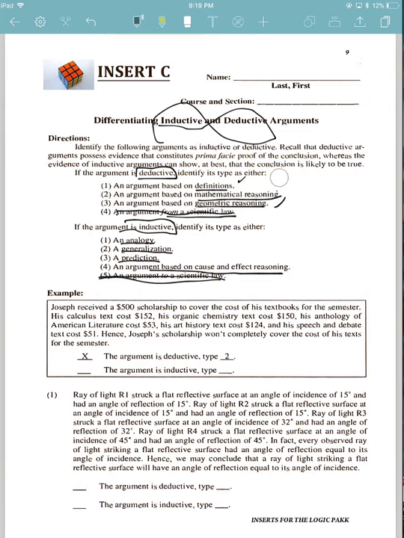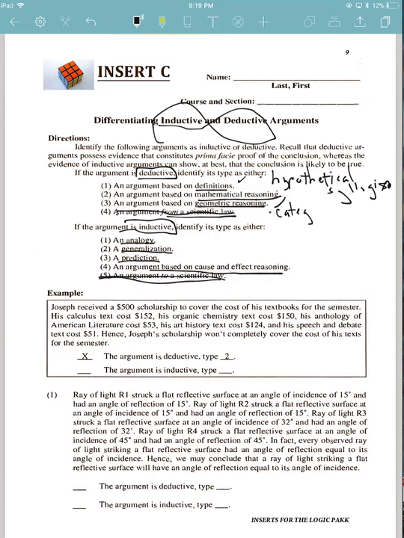Your book's going to talk about hypothetical syllogisms. And notice these are any arguments with if-then. It's also going to talk about categorical syllogisms.